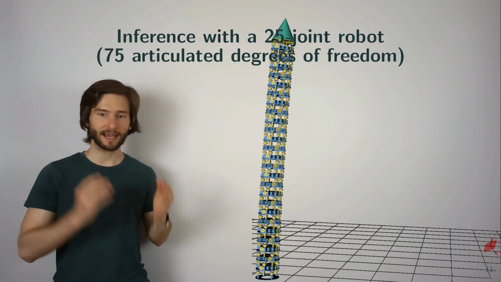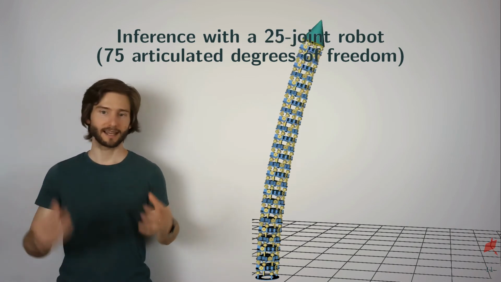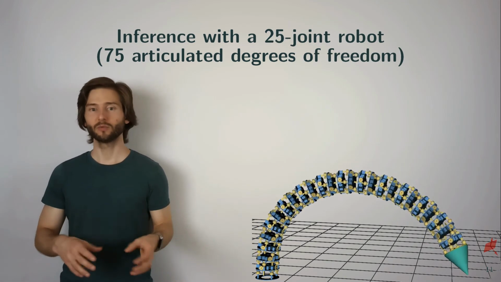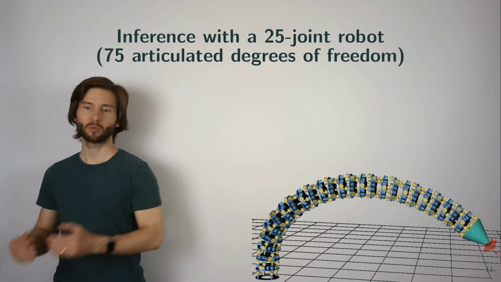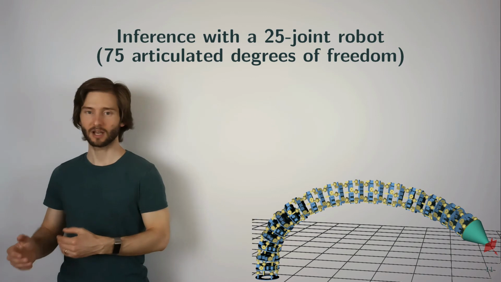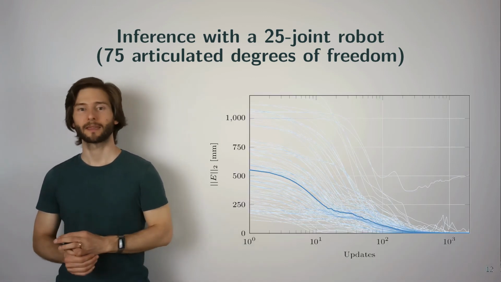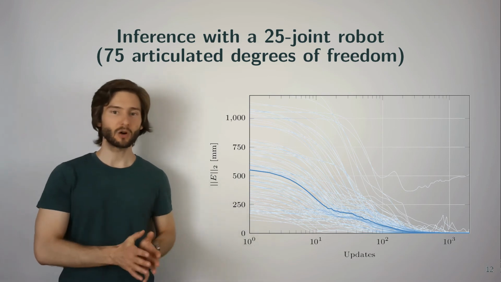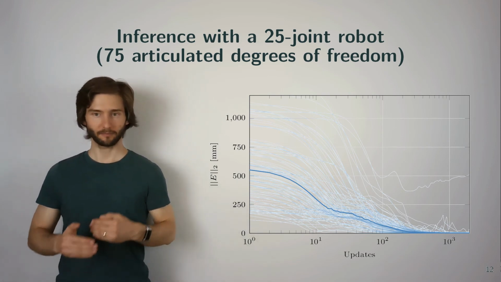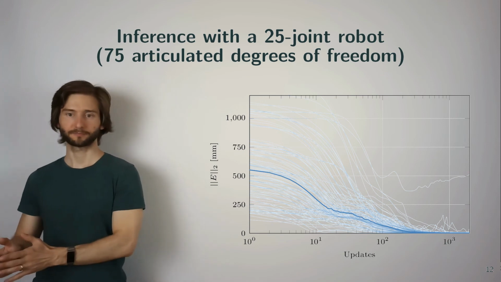And besides the short simulated arm, which has the same number of joints as the one we 3D printed, we also tested much longer simulated arms with up to 25 joints or 75 degrees of freedom. And even with these long robots, we achieve a mean position accuracy of just above 1 millimeter.